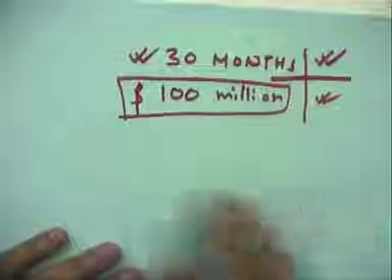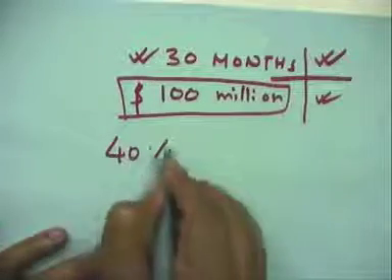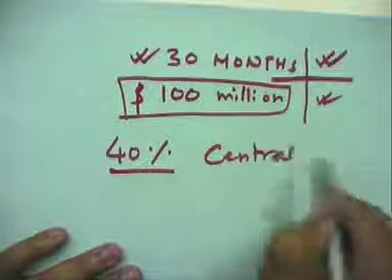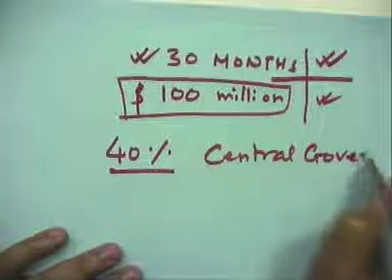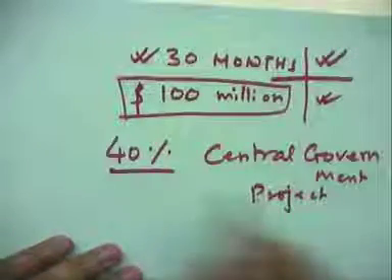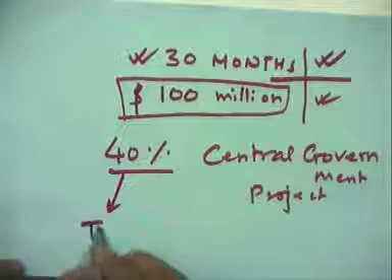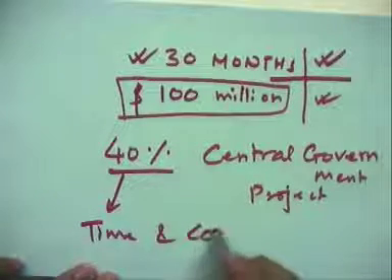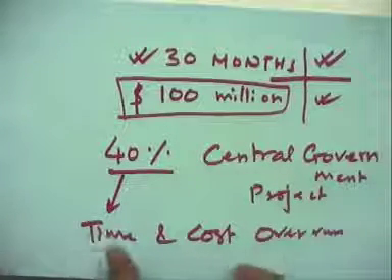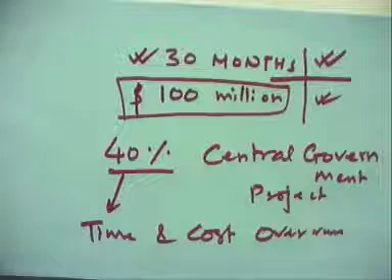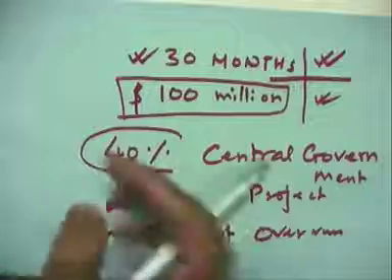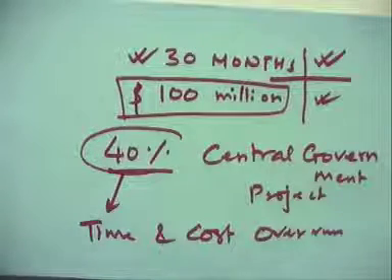According to one statistic, about 40% of central government projects are facing time and cost overrun. Now these situations are improving, of course, but this is quite recent data.